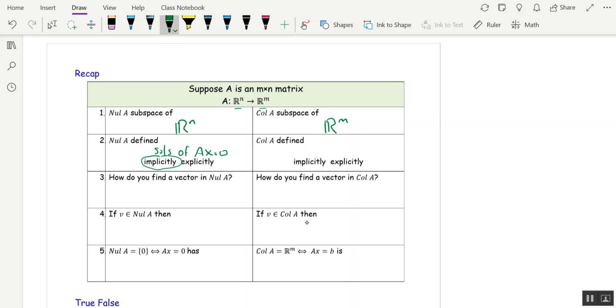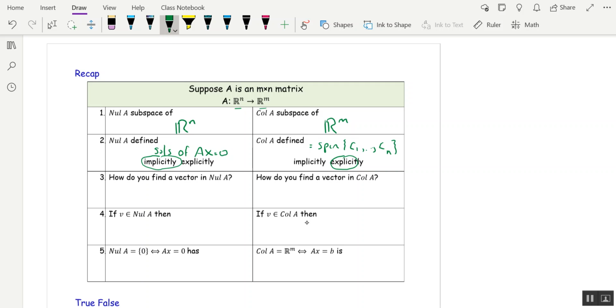Whereas col A is defined explicitly, it's just the span of the columns of A, c1 through cn. If A is m by n, there are n columns.